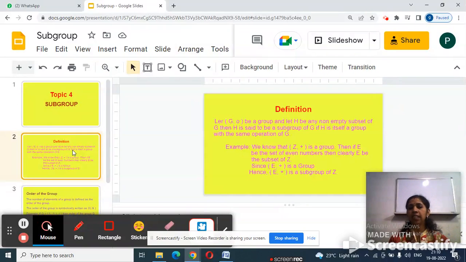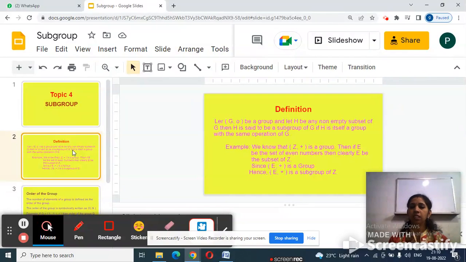Now, if we take E, the set of all even numbers, then clearly E is a subset of Z. Even numbers is a subset of the set of integers, and we can easily verify that (E, +) also forms a group.